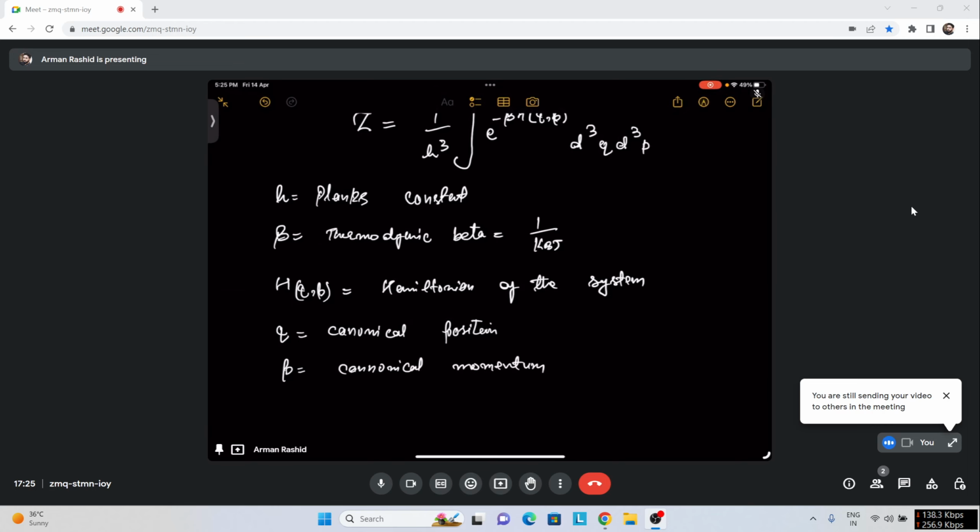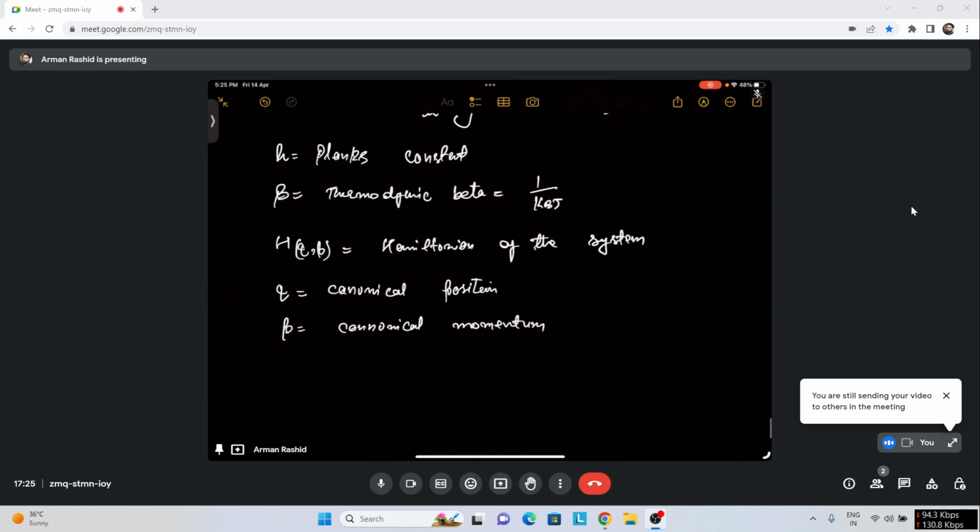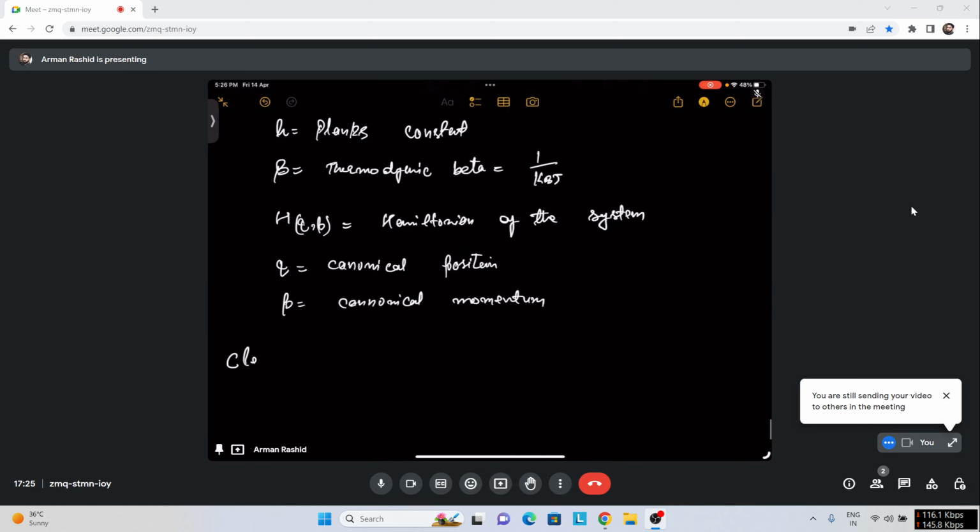Okay, so this is the classical continuous system. Now we have a classical continuous system, but there are multiple identical systems.